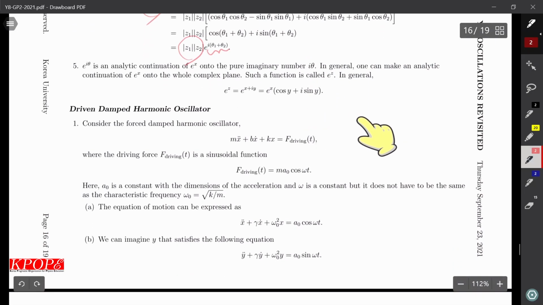In the driven damped harmonic oscillator, we can consider exponential z, where z is a complex number, and its real part and imaginary part can be separated into two pieces.